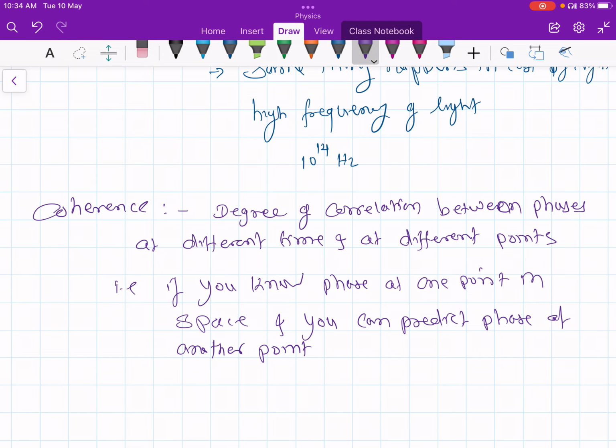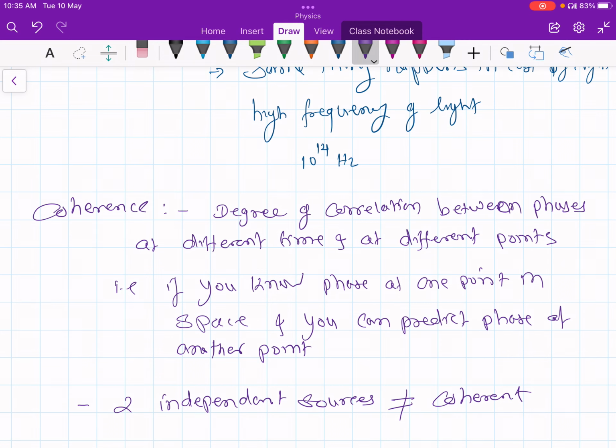Okay, that is coherence. Two sources are coherent when the phase difference between them remains constant. But two independent sources cannot be coherent.